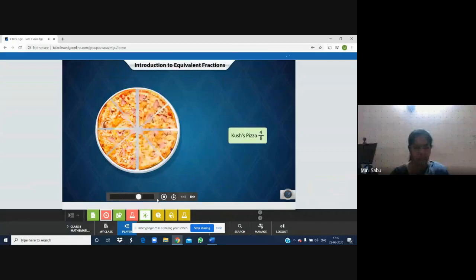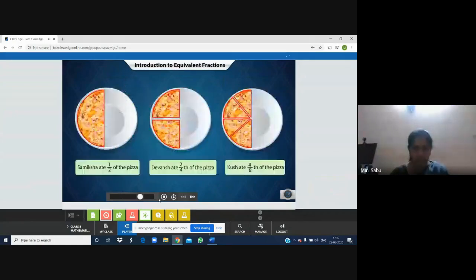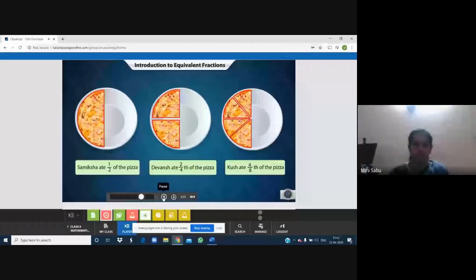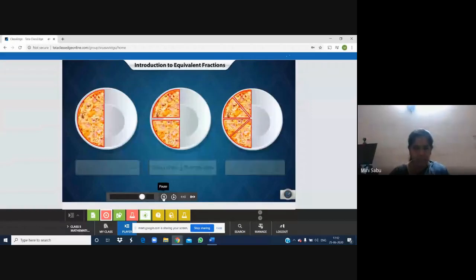Did you notice that all 3 of them ate the same amount of pizza? Yes, children. Let us watch the 3 plates of the 3 different children. The remaining quantity of the pizza is the same for Samiksha, Devansh, and Kush. Each one of them ate exactly 1/2 of the pizza.